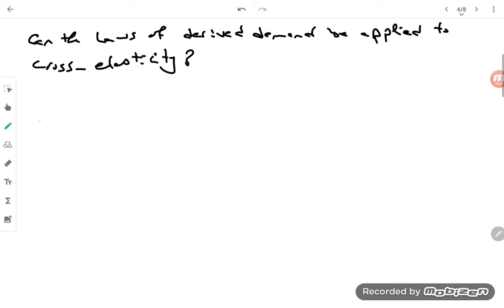The answer is no. As in case of cross elasticity, the scale effect and substitution effect work in opposite directions.